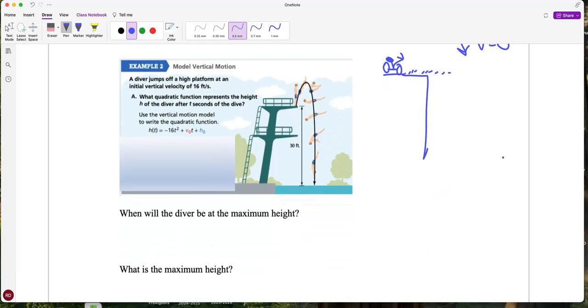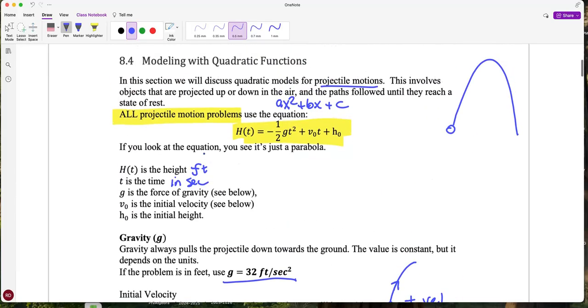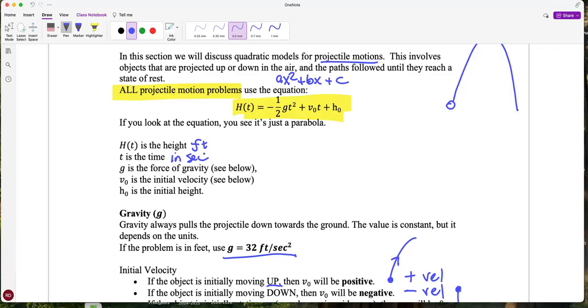A diver jumps off a high platform at an initial velocity of 16 feet per second. What quadratic function represents the height? Use the vertical motion model to write this, okay? So it's going to be h of t. If it's always in feet, it's going to be negative 16t squared, because our formula is negative 1/2 gt squared, and g is 32.